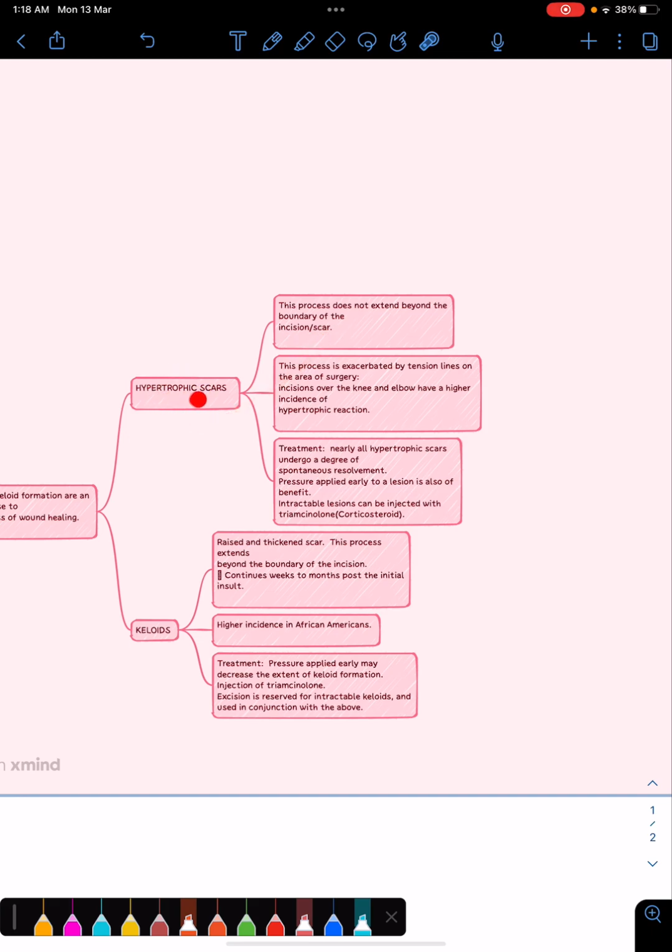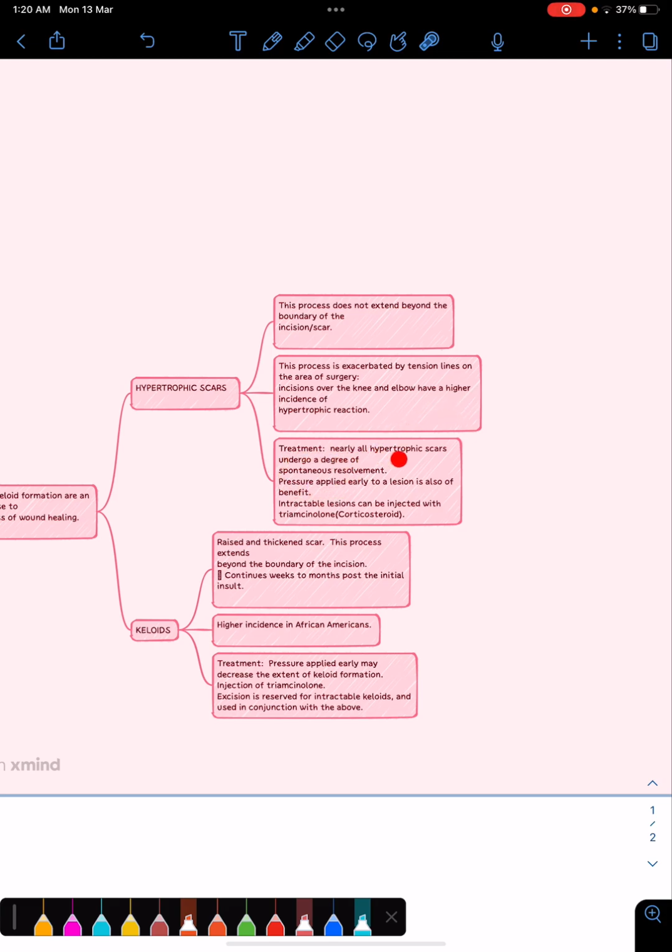This process is exacerbated by tension lines on the area of surgery. Incisions over the knee and elbow have a higher incidence of the hypertrophic reaction. So in the place of the surgery, we're going to have hypertrophic scars.